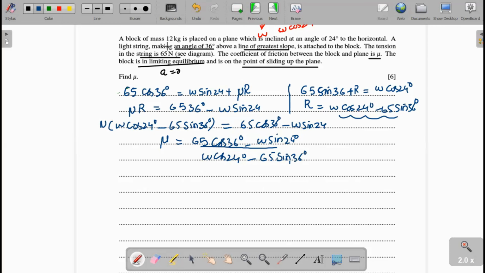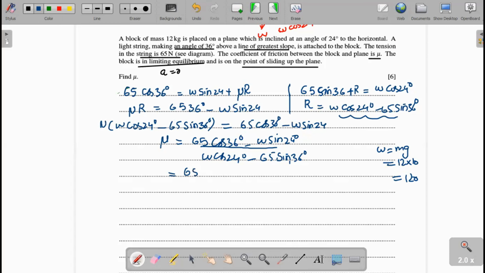Now the mass of the block is 12 kg, and therefore the weight W is equal to mg, which is 12 into 10, 120 newton.